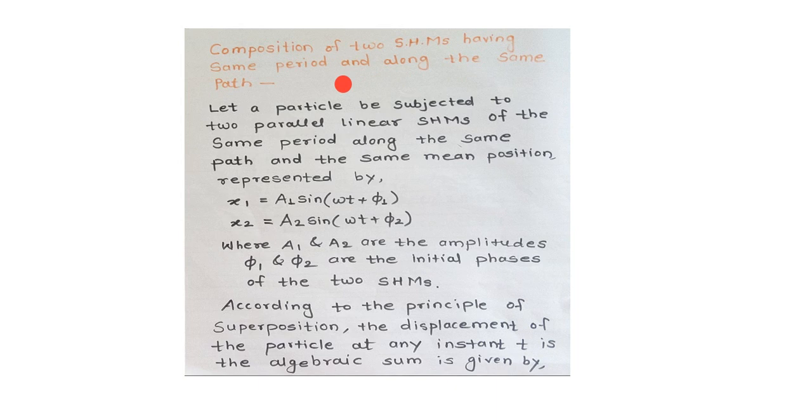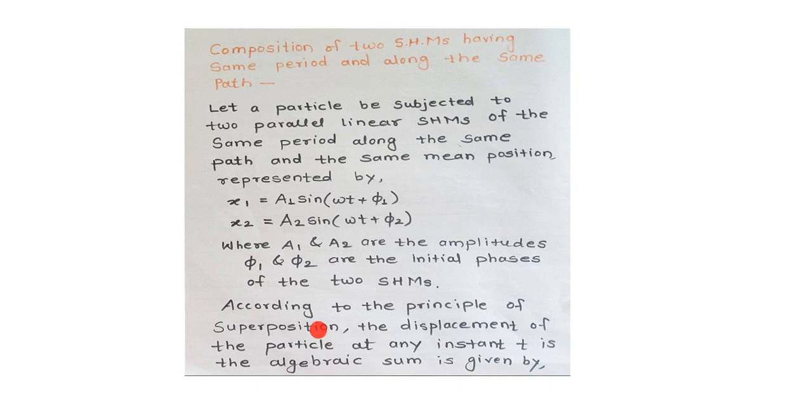Consider a particle subjected to two parallel linear simple harmonic motions of the same period along the same path and the same mean position, represented by x1 equals a1 sin(omega t plus phi 1) and x2 equals a2 sin(omega t plus phi 2), where a1 and a2 are the amplitudes and phi 1 and phi 2 are the initial phases of the two simple harmonic motions.